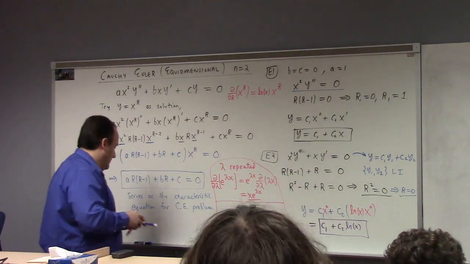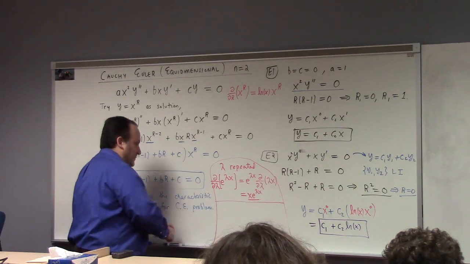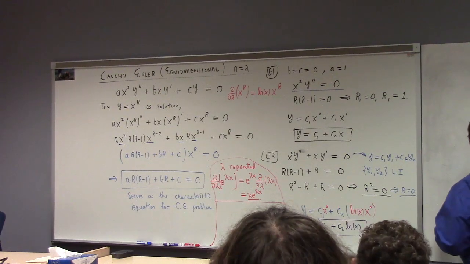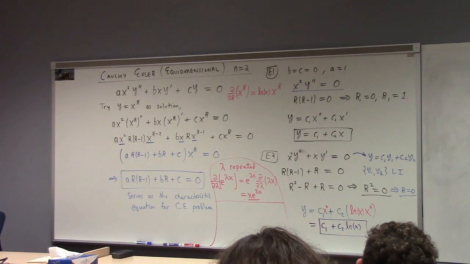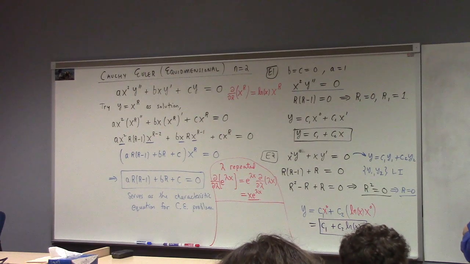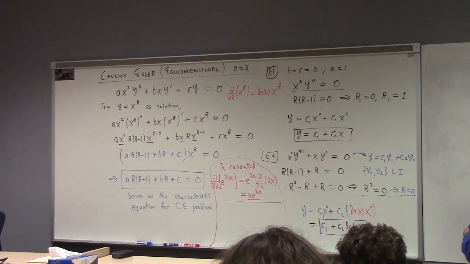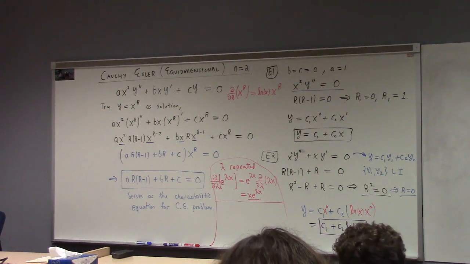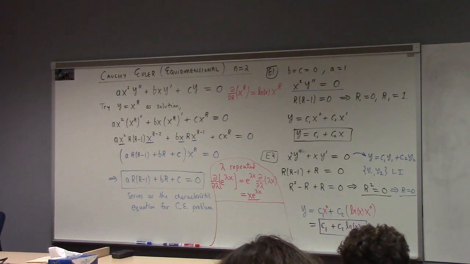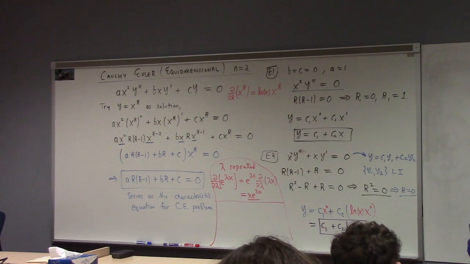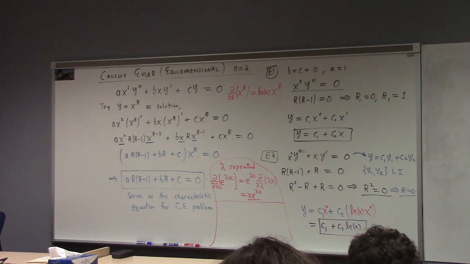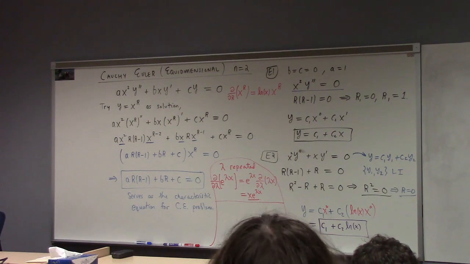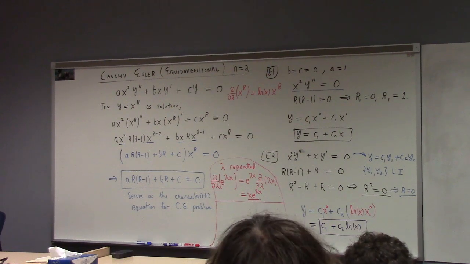All right, so example 3 here, let's come up with another one. What if we have x squared y prime prime plus 3 x y prime plus y equals 0.